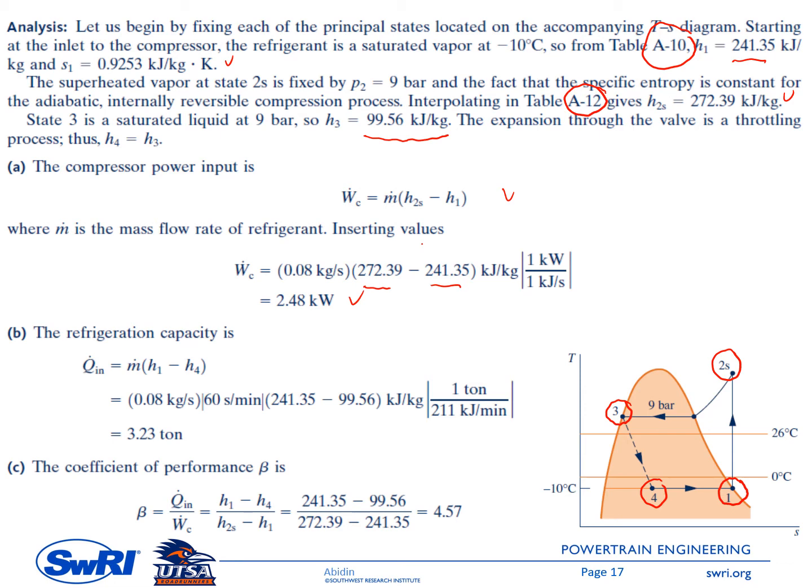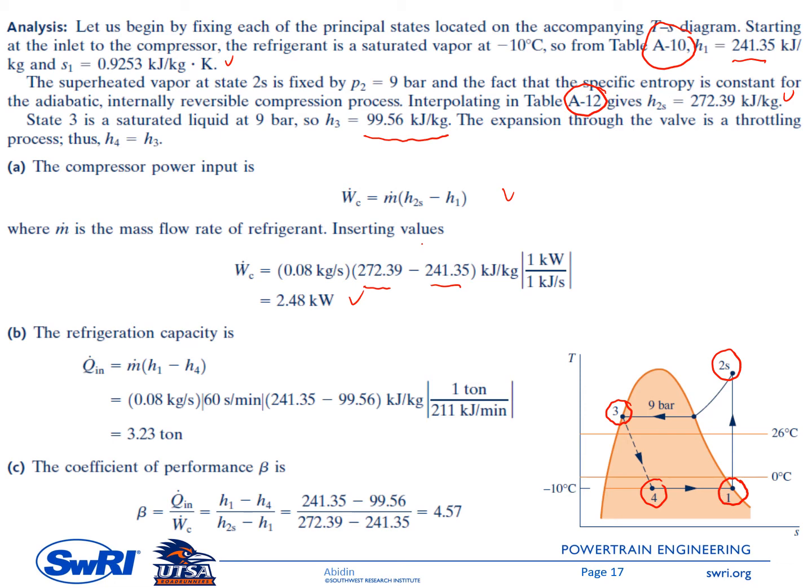You can compare this number with the one from the previous example. I think this compressor work increases because we have a lower condition at point 1, and then we have a higher condition at point 2.